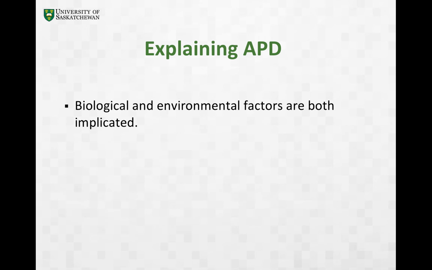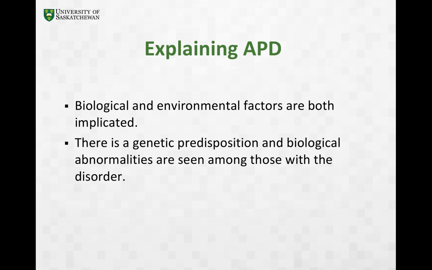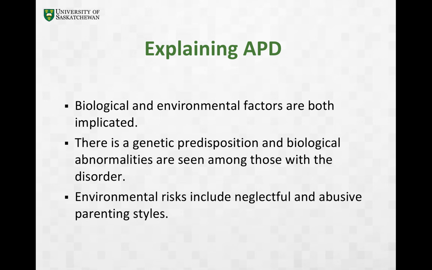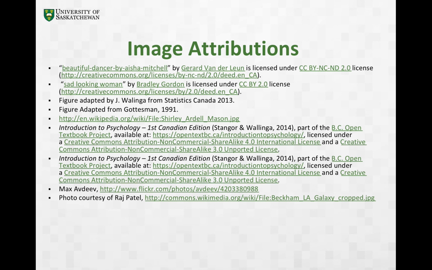Now, again, with APD, there's lots of biological and environmental factors, right? There's a genetic predisposition, and there's biological abnormalities that are seen amongst those with this disorder, but also environmental risks such as neglect and having an abusive parenting style can impact the likelihood of APD developing in a child.